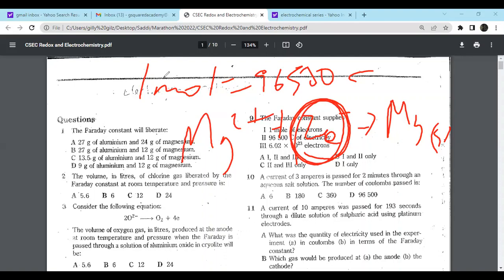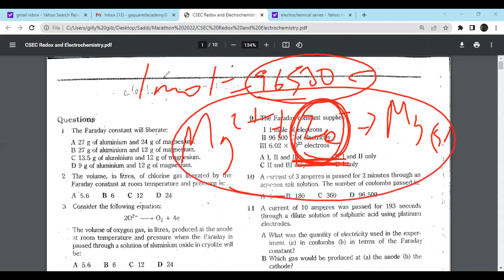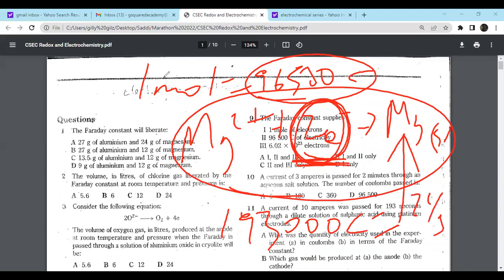Faraday says that for 1 mole of electrons, it's 96,500 coulombs. In this equation, I have 2. So for this equation to occur, I'm going to need 2 times 96,500, which is 193,000 coulombs. This 193,000 coulombs produces 1 mole of magnesium, which has a mass of 24 grams.